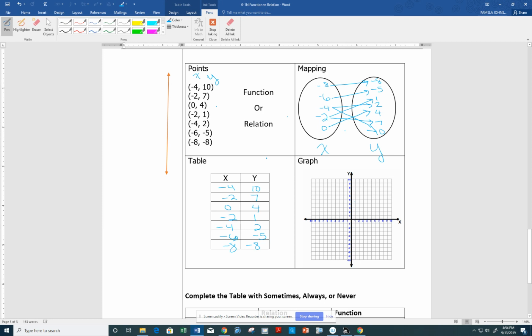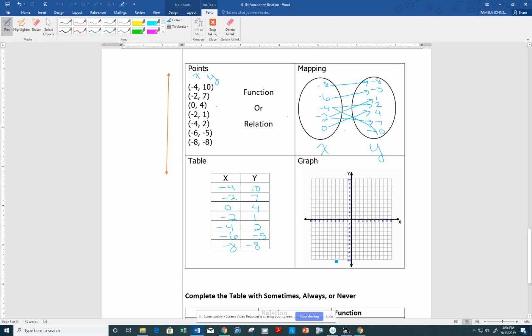Let me fix my 6 there. -6. Okay. And then we need to graph it.